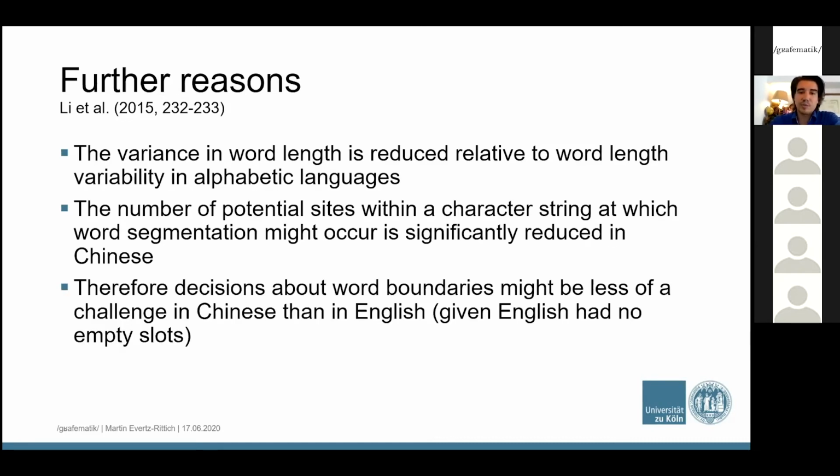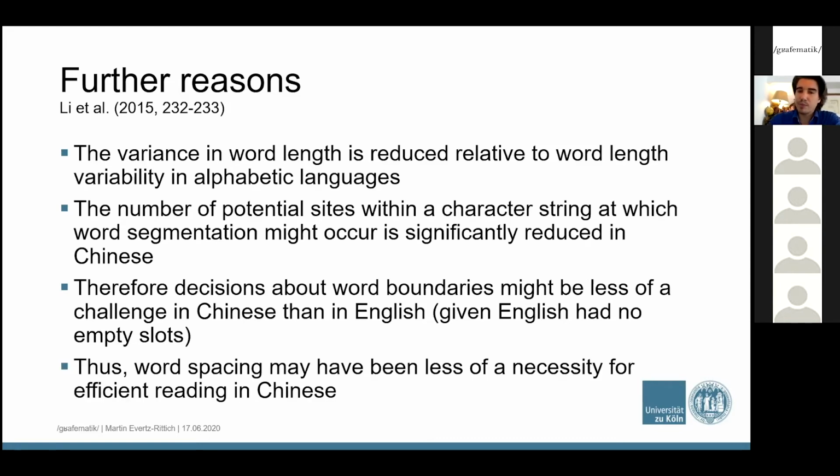Therefore, decisions about word boundaries might be less of a challenge in Chinese than in English, if we imagine English had no empty slots between words. Thus, word spacing may have been less of a necessity for efficient reading in Chinese.